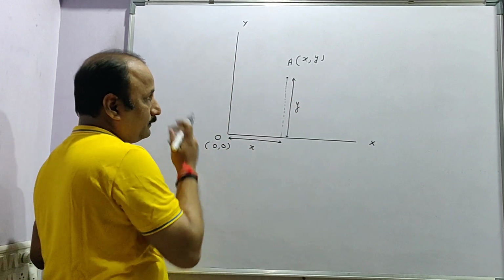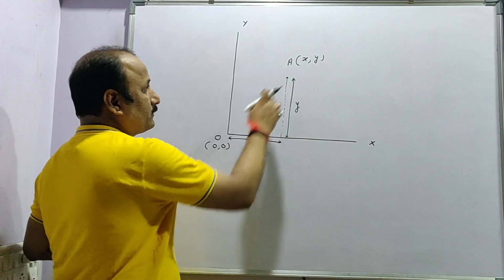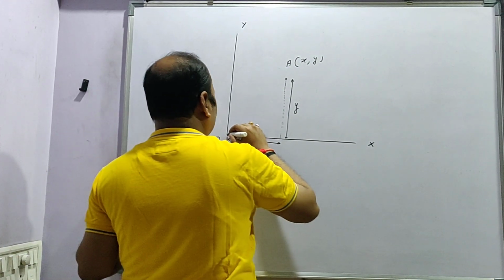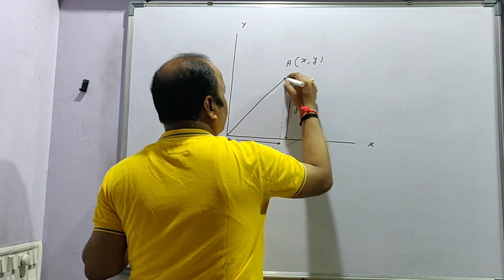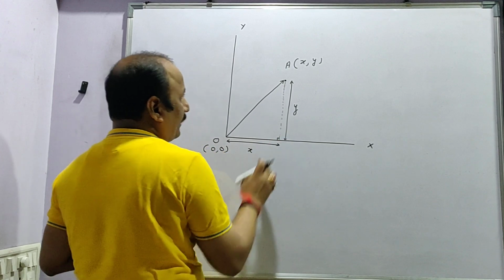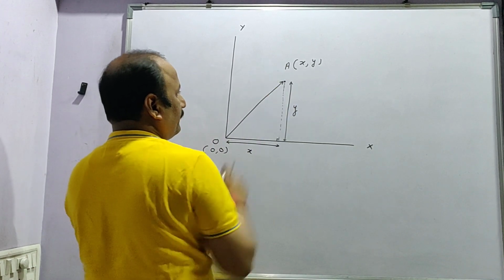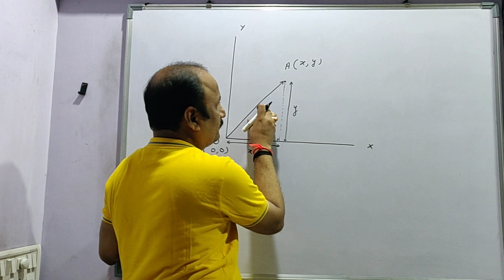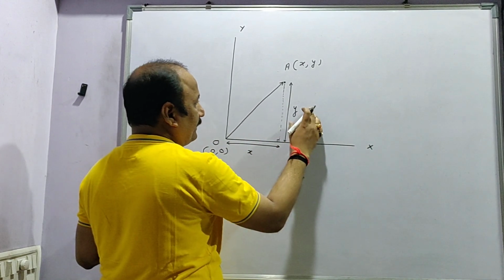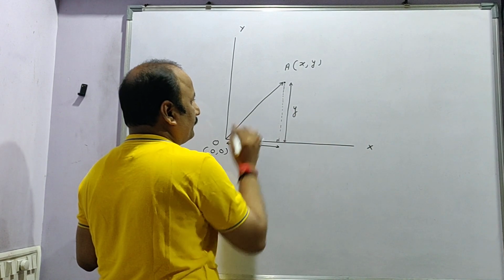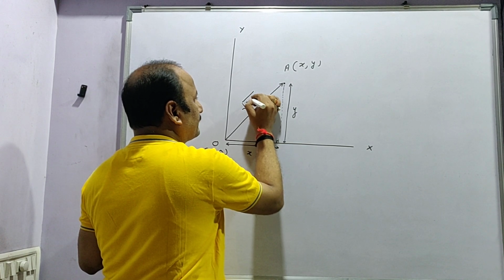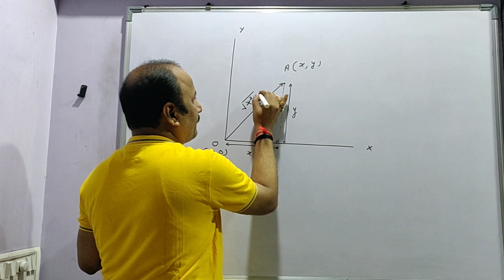So if we want the distance of this particle with respect to point O, just take a distance, this is perpendicular, to find the magnitude of this OA, or the length of this line. So this is x, this is y. According to Pythagoras theorem, we can write the length of OA is equal to the square root of x square plus y square.